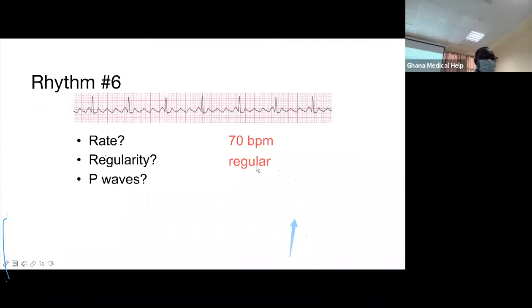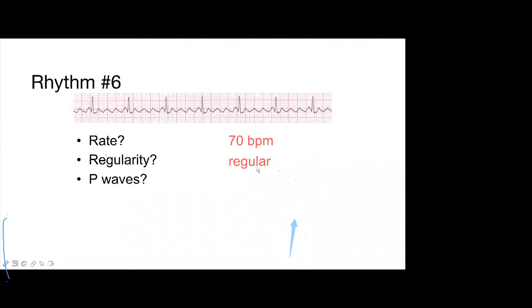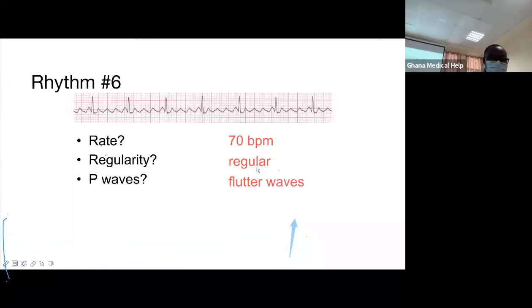Are there P waves or are there no P waves? No P waves. Fantastic. You actually call them flutter waves. They look like a sawtooth. Those who have felt the saw that they used to cut wood before, you realize that the teeth look like that. Okay, so let's move on. What's the PR interval? Is there a PR interval, and what is it?